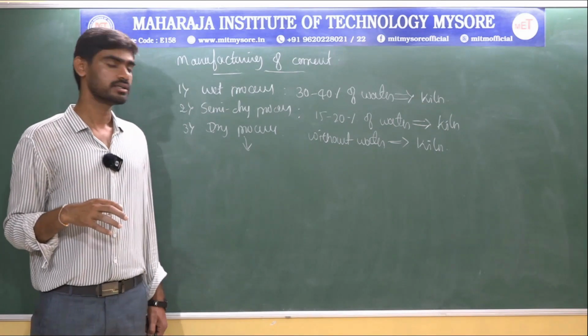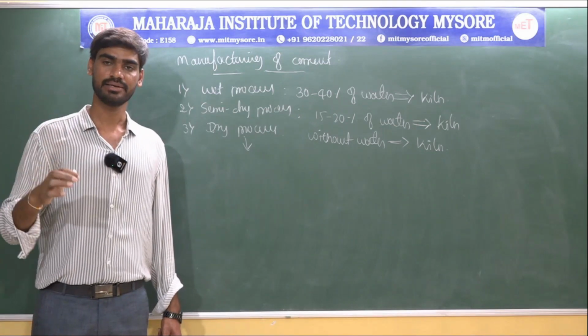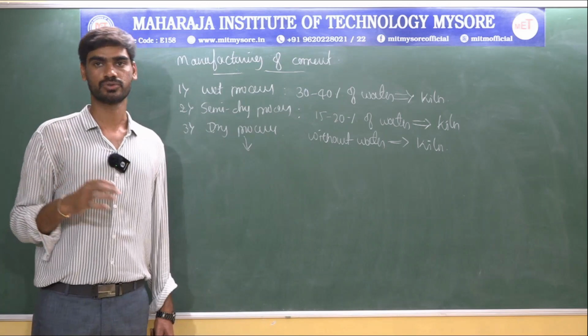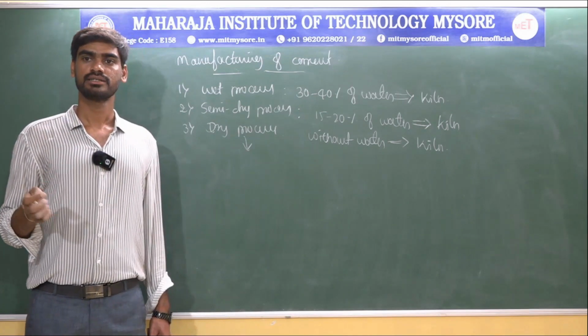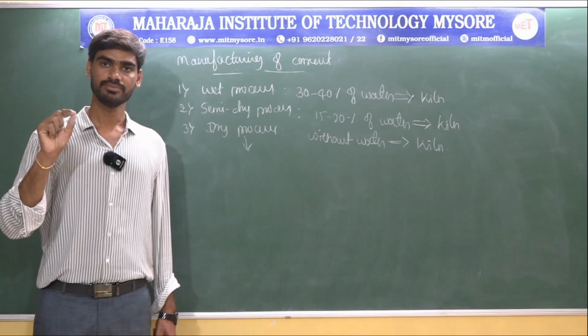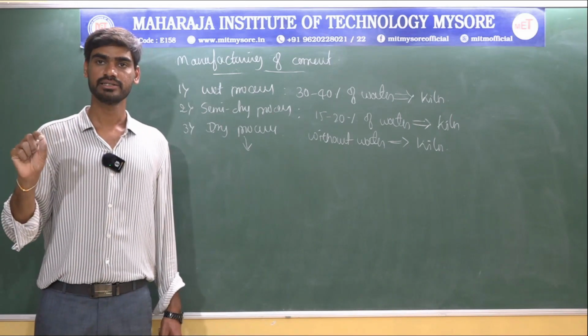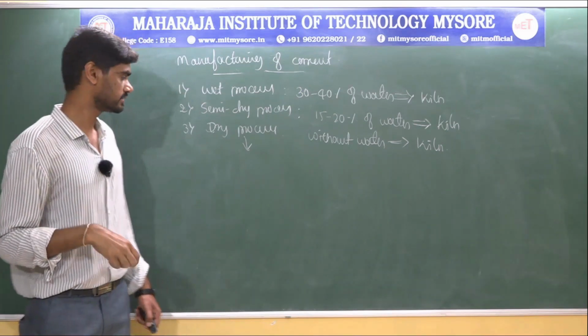We know that the source for calcium oxide, lime, is limestone. The source for lime, calcium carbonate CaCO3 or limestone, is mined from the earth crust.